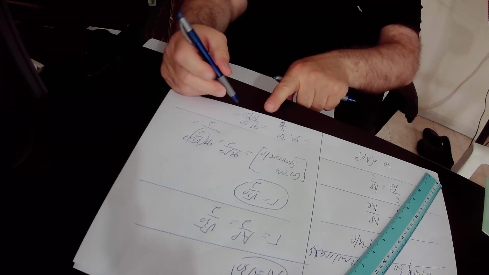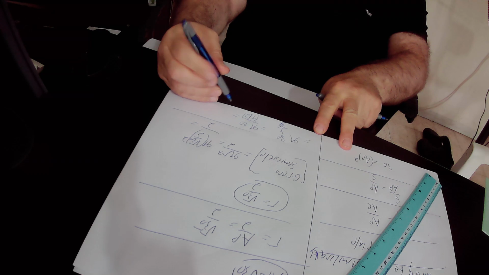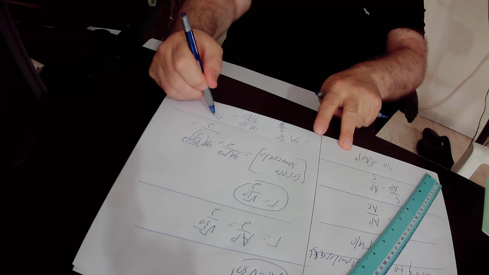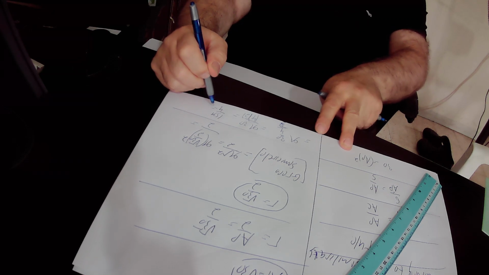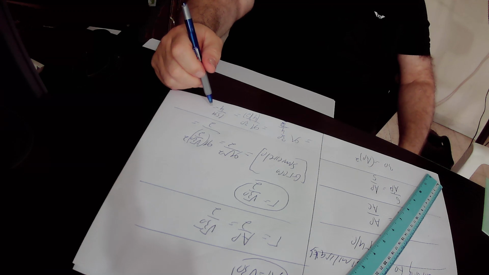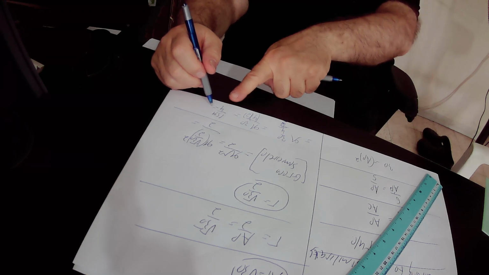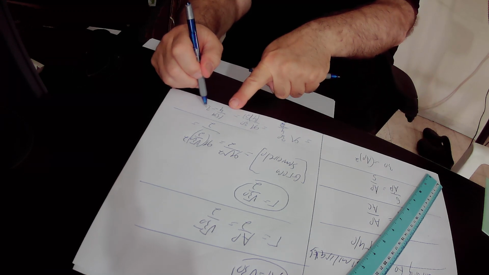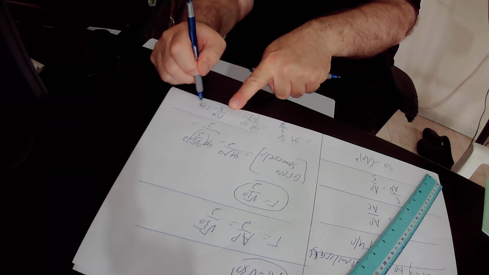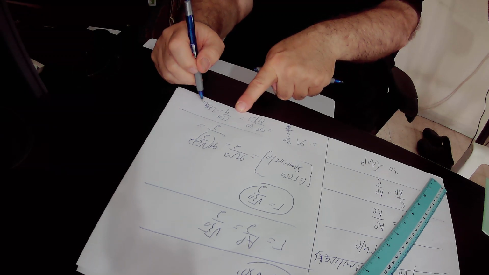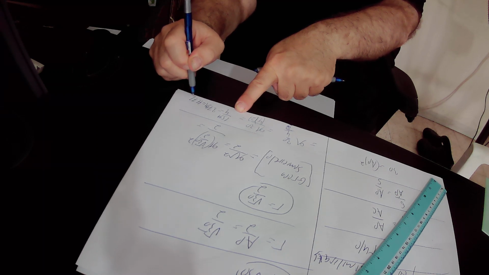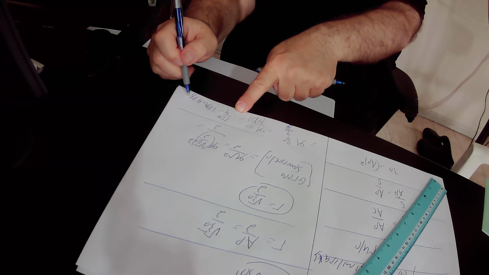Therefore, this expression in total equals 15 pi over 4 square units. 15 over 4 is 3.75. Therefore, this expression in total equals 3.75 pi square units. That is actually equal to 11.78 square units.